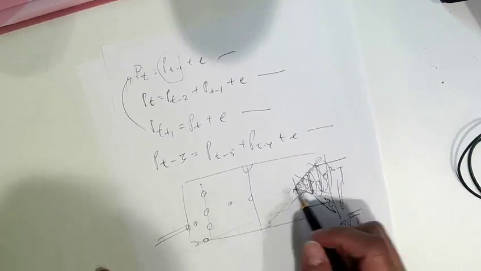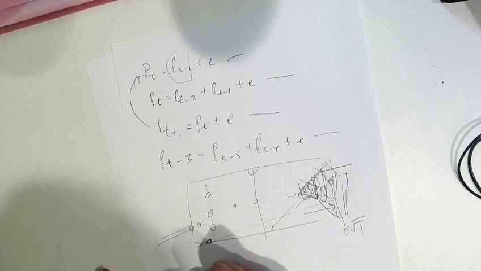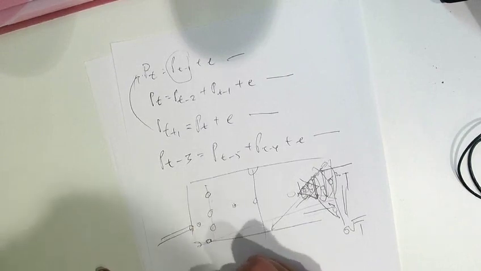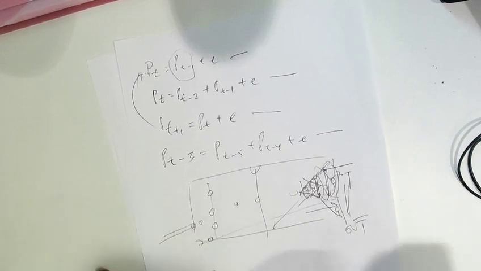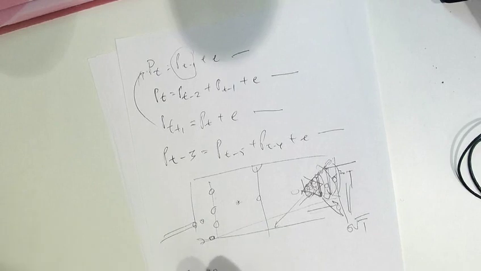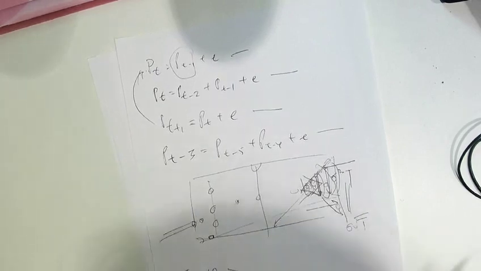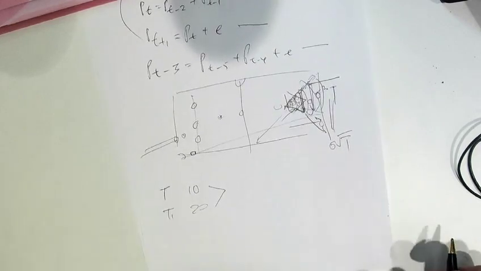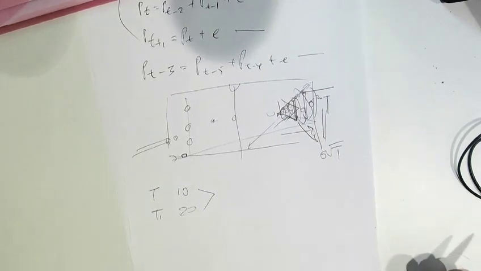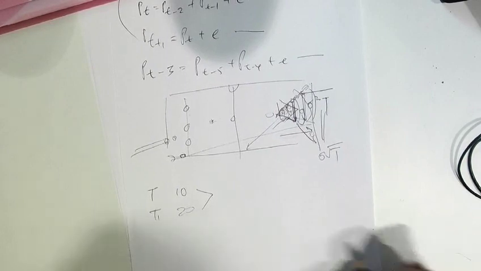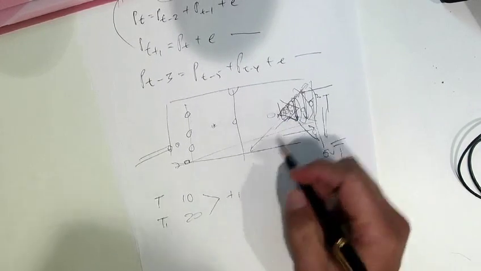So let's say you start off with 10 million, and in T1 this goes up to 20. How much have you made? In percentage, how much have you made?